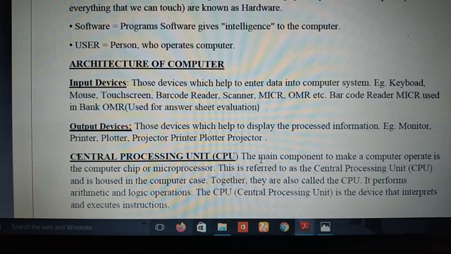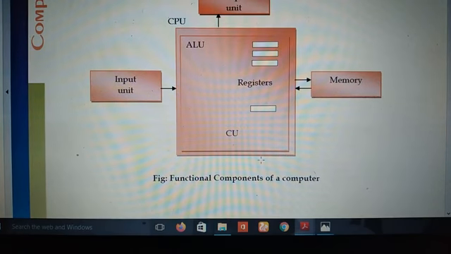Here I will try to show you in the diagram. This is the functional component of a computer system. This is also called John von Neumann architecture.